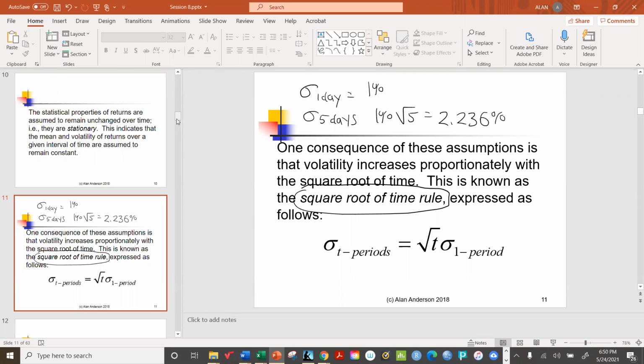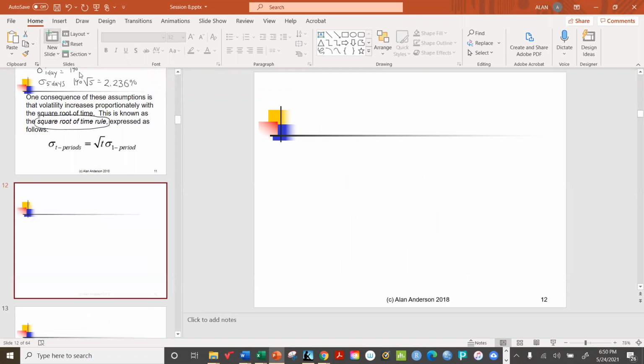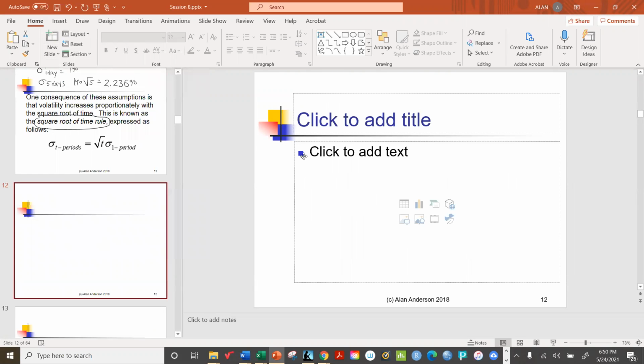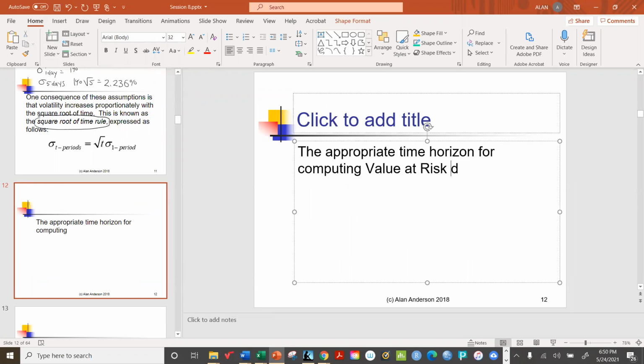Now, the reason this matters is because up to this point, we've been looking at cases where value at risk has been calculated over a single trading day. But the appropriate time horizon for computing value at risk depends on several factors.